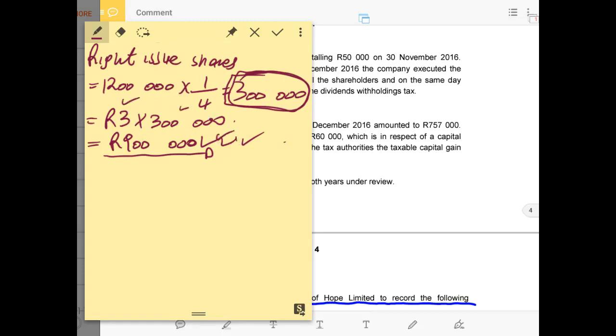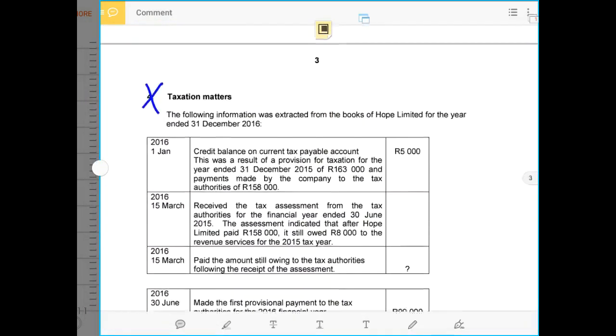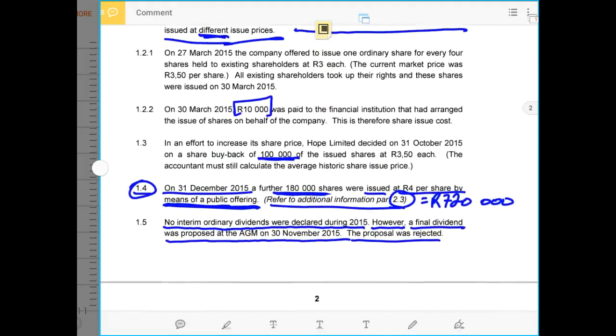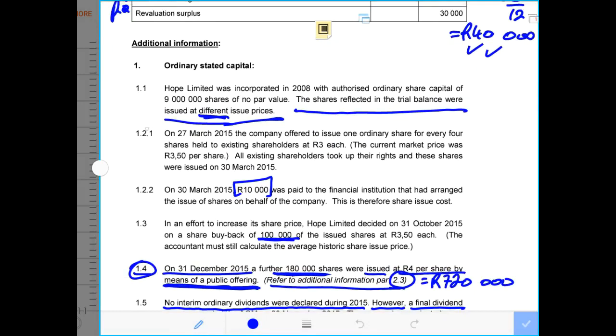Let me go and reference so that you are mindful of what we are doing, although I've already done all the calculations for you. Remember, the rights issue took place in 1.2.1 on the 27th of March, where we issued 1 share for every 4 shares held to existing shareholders at an issue price of 3 rand.